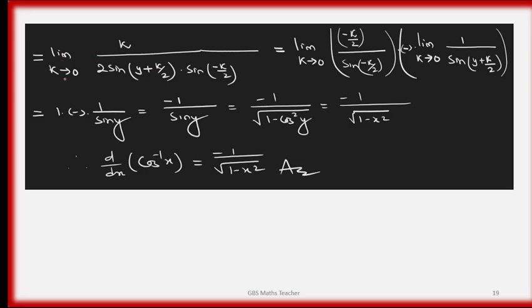Yes, so here limit k tends to 0, k times 2 sin(y+k/2) times sin(-k/2). Again, limit k tends to 0, we have to change this into the formula pattern by the help of these terms, sin(-k/2) and here also -k/2.